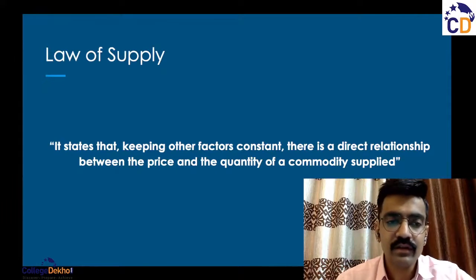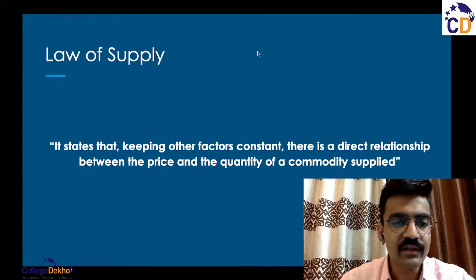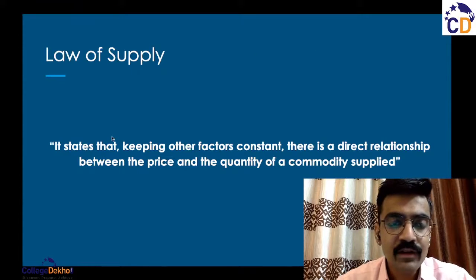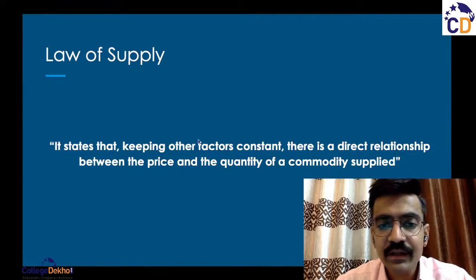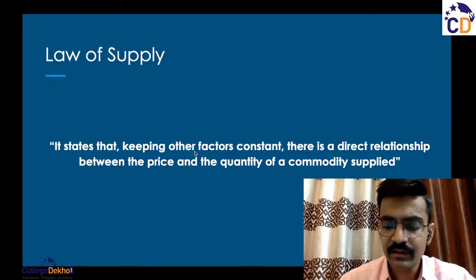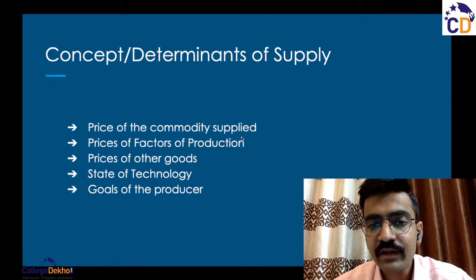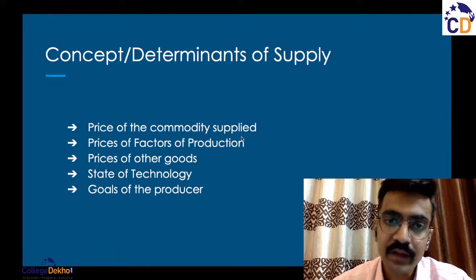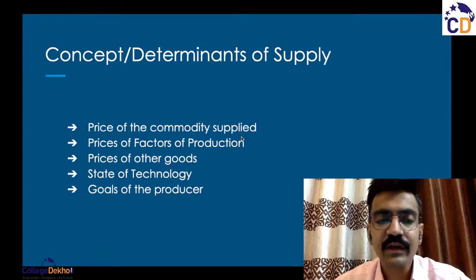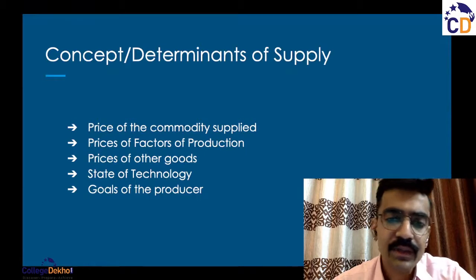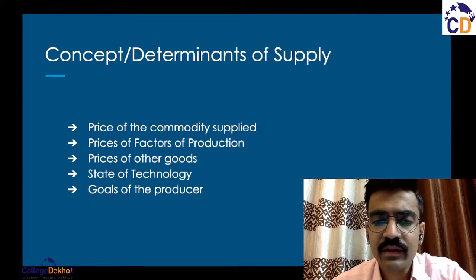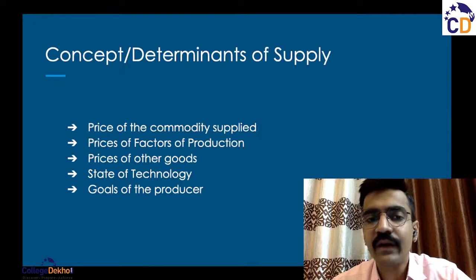All right. Let us understand this in detail. So it says that keeping other factors constant. What are these other factors? Let us go back. So these are the various factors. There could be many more as well. Again, please note this. There could be many other factors, but let us look briefly at the categories of these factors, right?